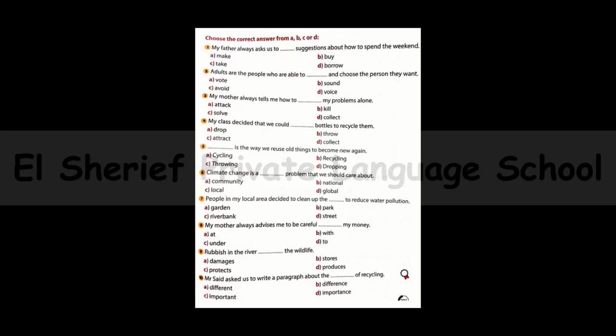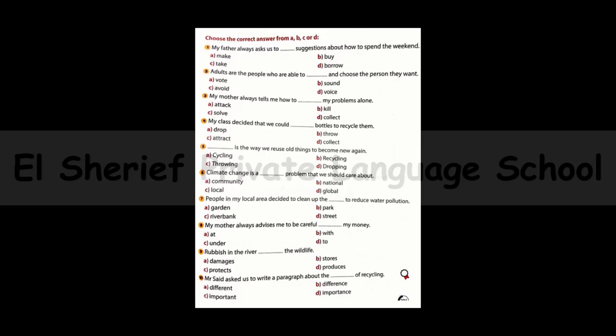It's a global problem that we should care about. It's all over the world. Number 7, people in my local area decided to clean up the riverbank to reduce water pollution. And yes, it should be the riverbank.